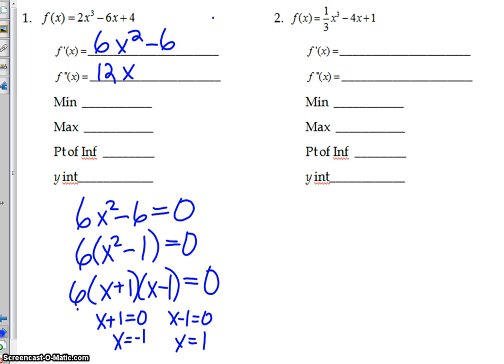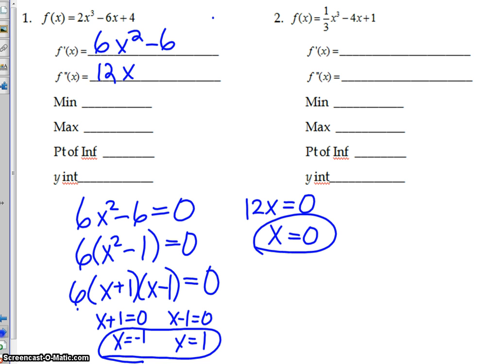So what we have to do now is say that x is equal to either negative 1 or positive 1. We're also going to take the second derivative, and this has to do with our point of inflection, 12x, and we're going to set it equal to 0. In this case, x would have to be 0.